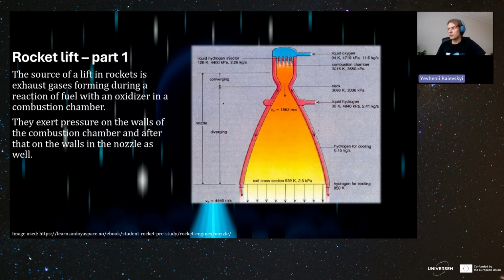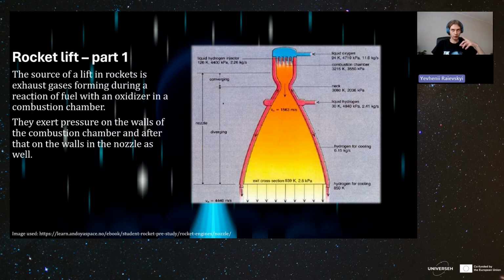The next very characteristic thing for a rocket, which is different from aircraft, is that lift is created, of course, by the combustion reaction here, because it's the exhaust gas pressure on this side, the up direction.